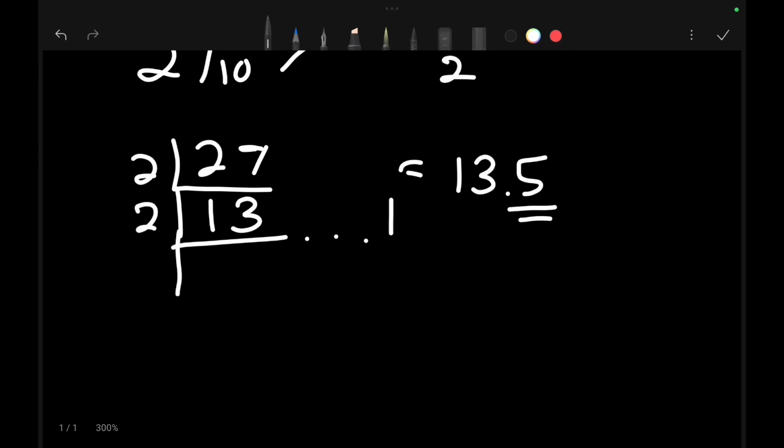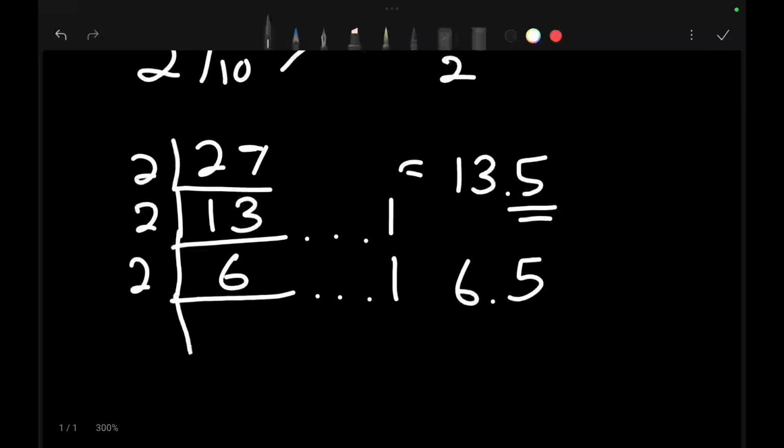So now let's proceed with the division. What do we get after dividing 13 by 2? Yes, we get 6 with a remainder, which we will write as 1. Now we continue.